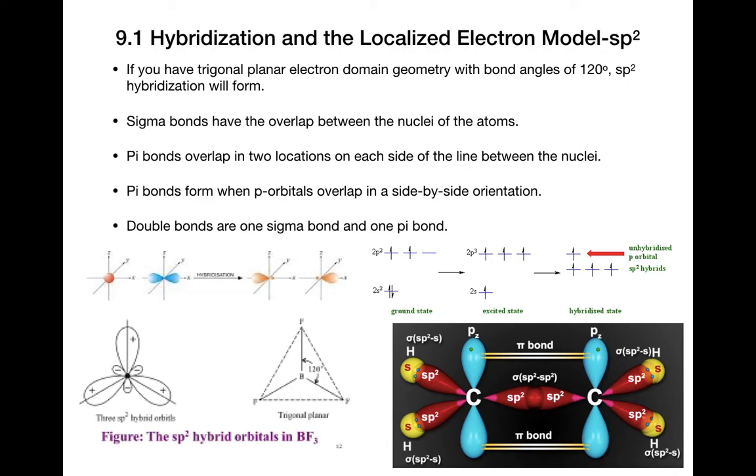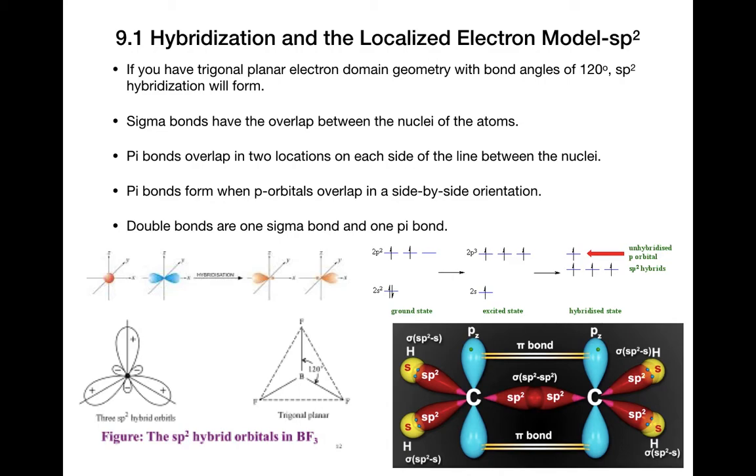For example, in C2H2, shown in the bottom right, carbon is sp2 hybridized, but that can only explain one of the 2 bonds between the carbons, the one that is the red sp2s overlapping. We say when a bond is formed by atomic orbitals overlapping on a line between the 2 atoms, it's called sigma bonding.